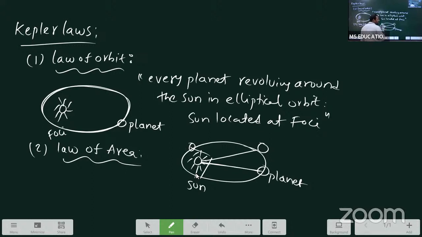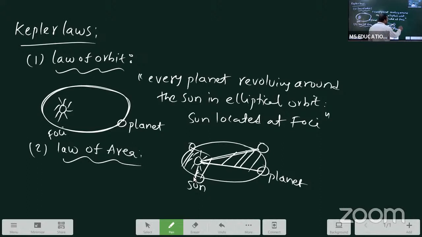This one has 2 ways of stating it. The second statement is very simple. Compare it with the first one. Both are the same. What does statement 1 mean? The line joining the sun and planet, the major axis, sweeps equal areas in equal intervals of time.